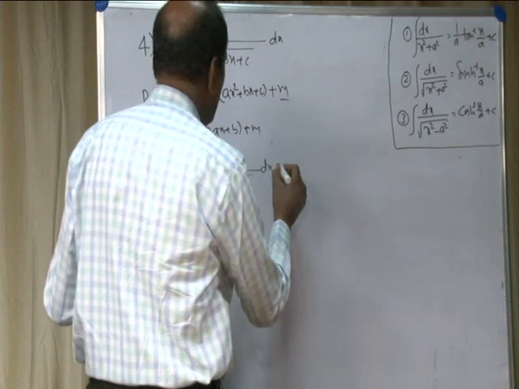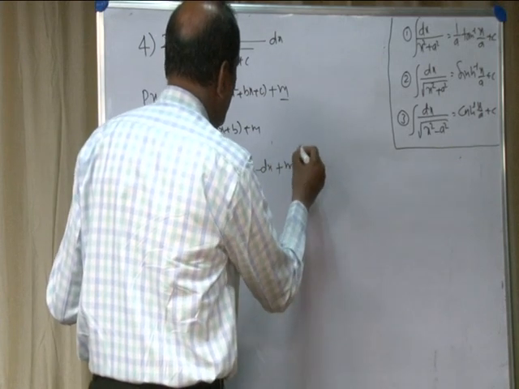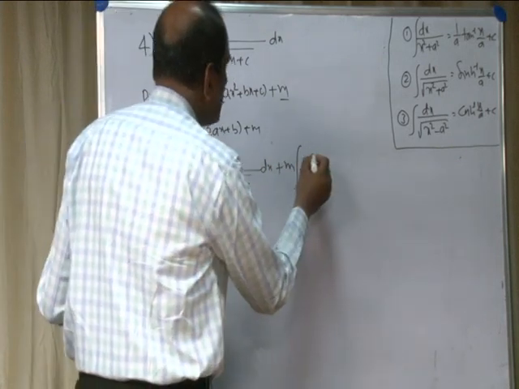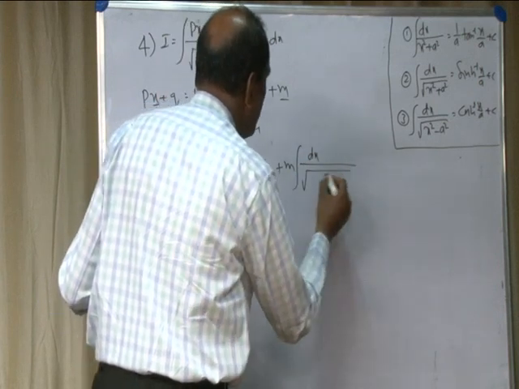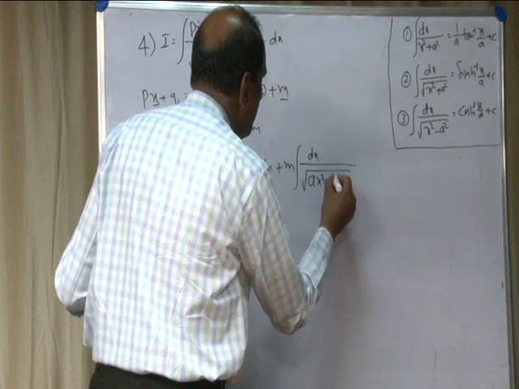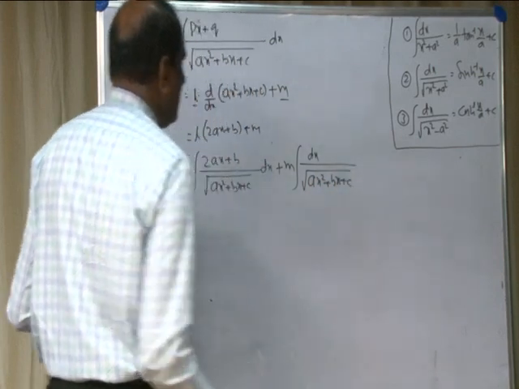Now write plus m into, the numerator is only dx, and the denominator is the root of (ax² + bx + c).